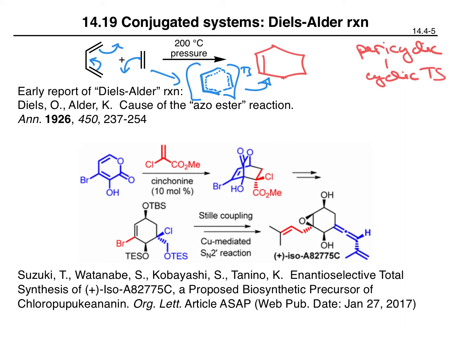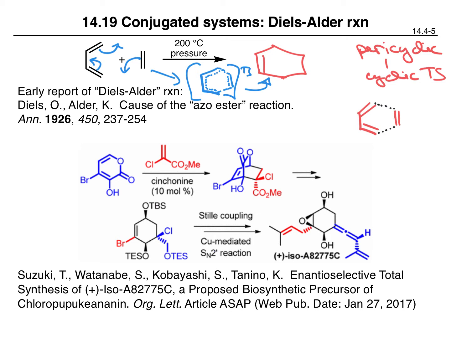Now we're going to see this carried out on a number of different dienes and dienophiles. Another way that you can try to focus on the reaction is to identify the ends of the diene and the ends of the dienophile, and then draw in some dotted lines to remind you that these are the carbons that are going to become connected.